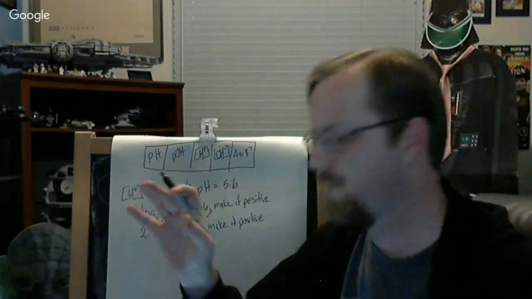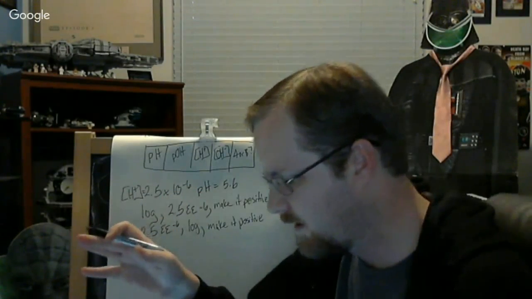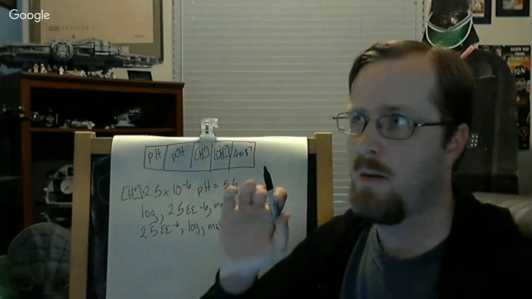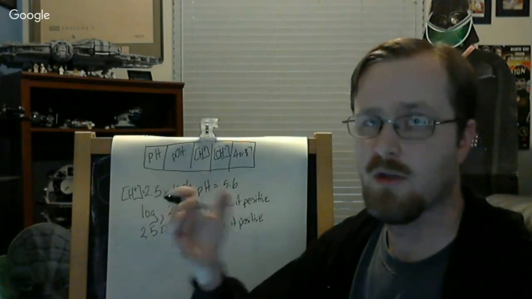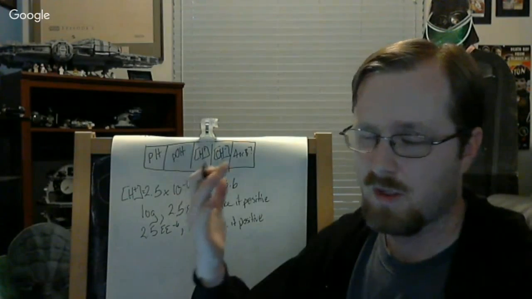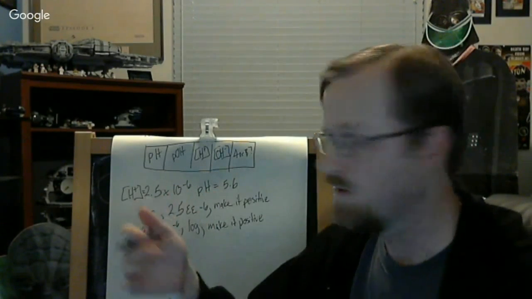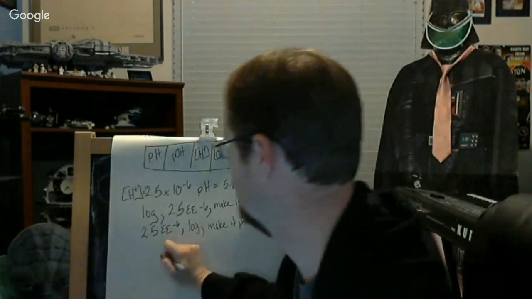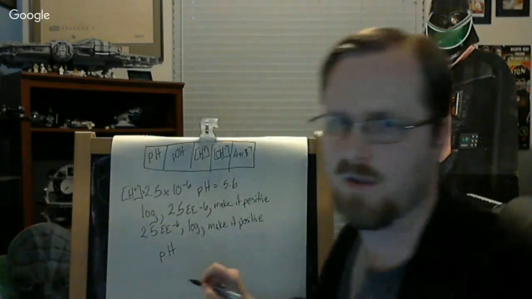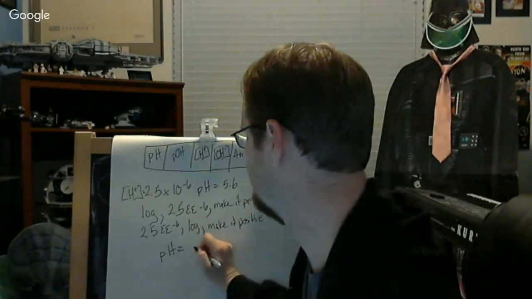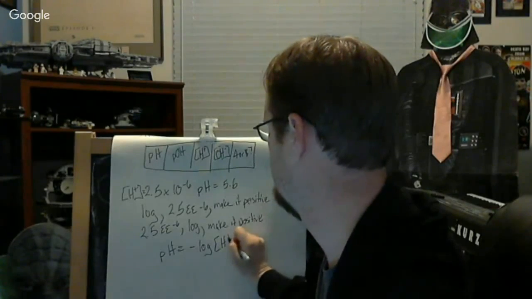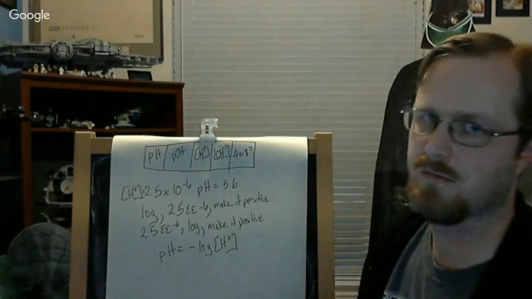Wait. So for hydrogen, we don't put it. Well, okay. There are a lot of different ways. So Mackenzie, to answer your question, there are about 1 billion different ways that you can do this. It really just kind of depends on your preference. Okay, the official formula here is pH equals the negative log of the concentration.